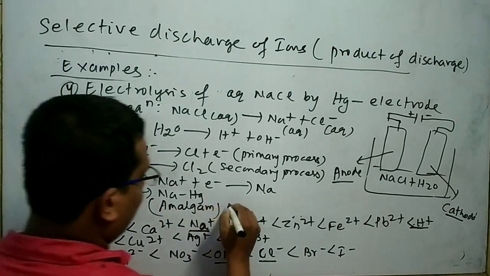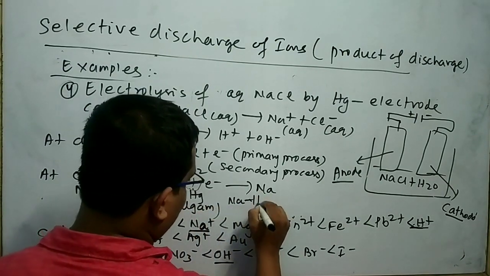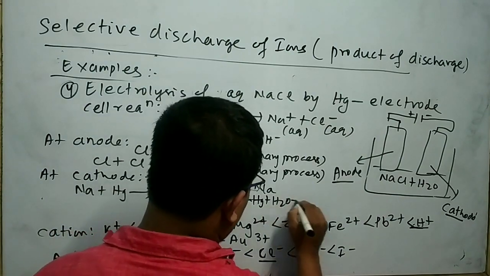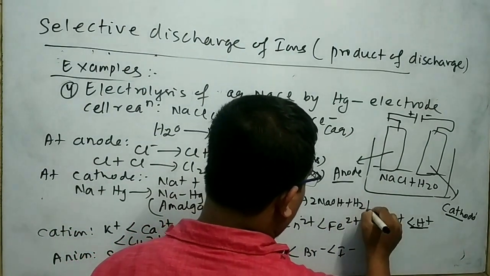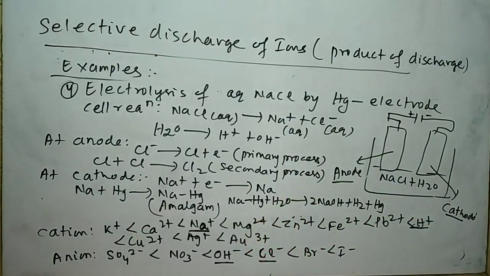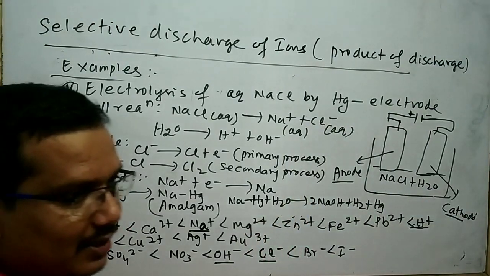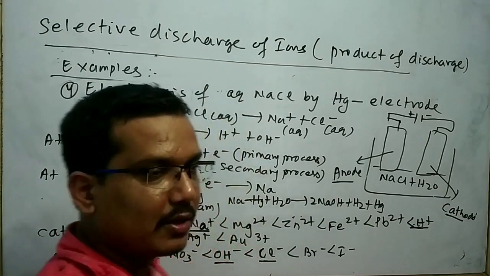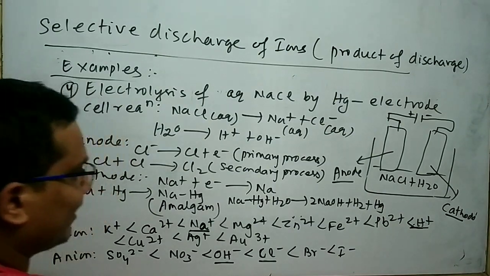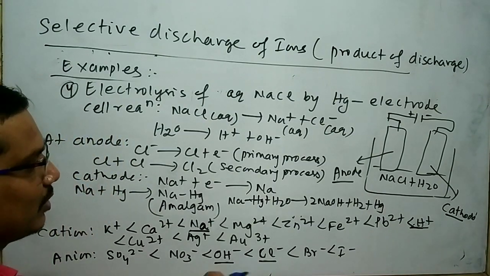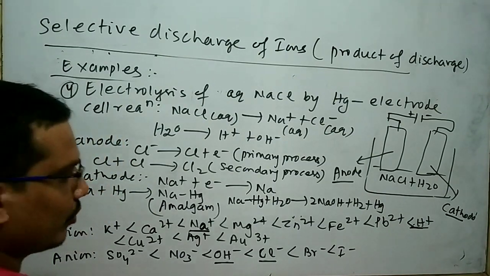Now this amalgam reacts with water, forming 2 NaOH plus H2 plus Hg. In this case, we cannot apply the discharge potential concept because mercury is more reactive towards sodium. That's why the sodium ion discharges fast at the mercury cathode.